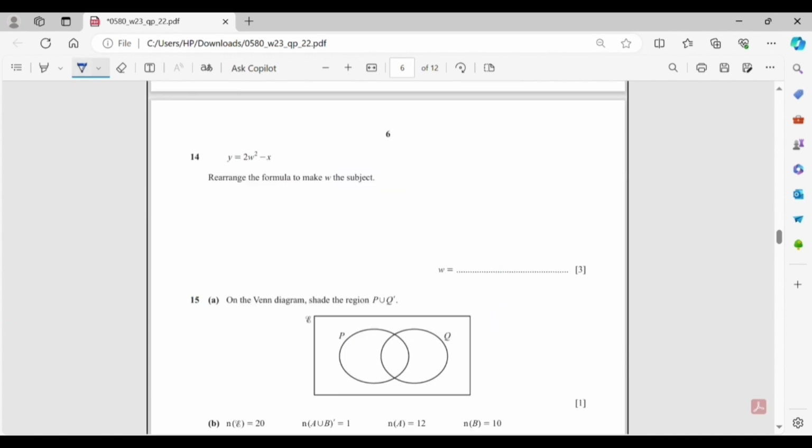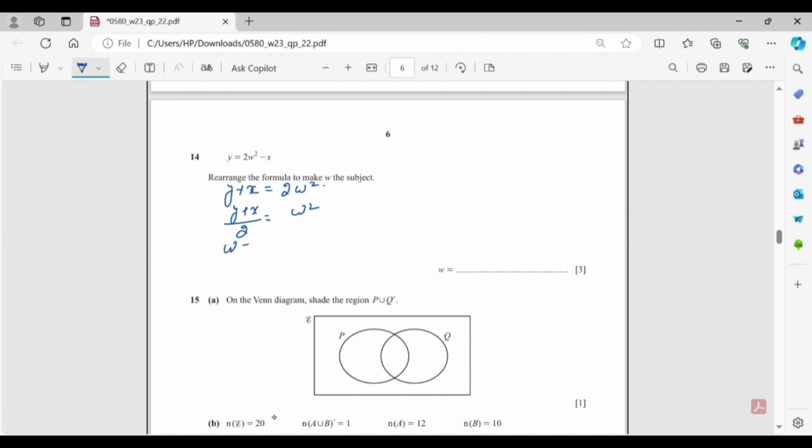Next, question number 14. Rearrange the formula to make w the subject. So y plus x is equal to 2w square. y plus x over 2 is equal to w square.